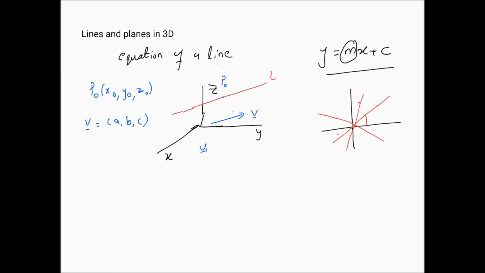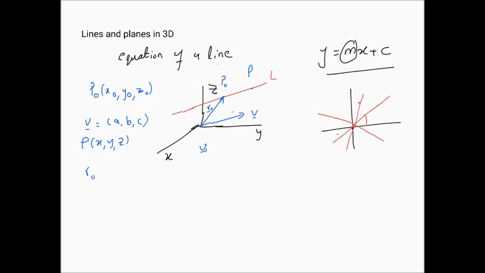So here's the line L, and this is the vector V, and we want to find the equation of this line. Let us choose an arbitrary point P on this line, and let's say that P has coordinates x, y, and z. Just a few minutes ago, I commented that P0 is not just a point, but, like any point, can also be thought of as a vector, let's call it R0.